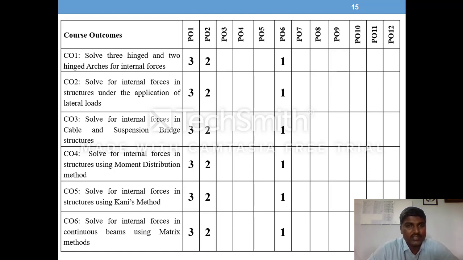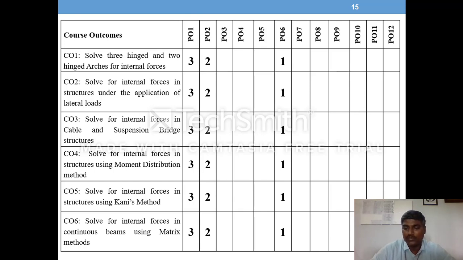So the course structural analysis 2 is going to contribute to PO1, PO2 and PO6, which means he is able to solve the complex engineering problems, that is PO1 and PO2 from the list that we have seen. And PO6, he is going to utilize his knowledge for the society, to solve engineering problems in his practice when he is going to become a practicing engineer.